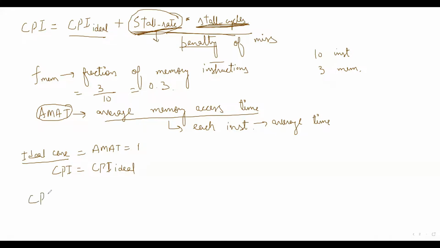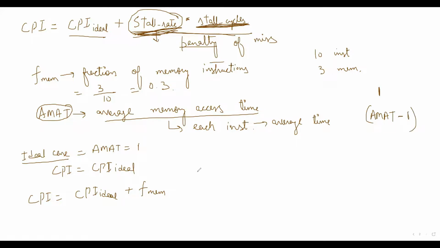So CPI will be equal to CPI ideal plus fraction of memory instructions. So what are the extra cycles? The actual cycles should be 1, but total cycles are AMAT, average memory access time. So the extra cycles will be AMAT minus 1.